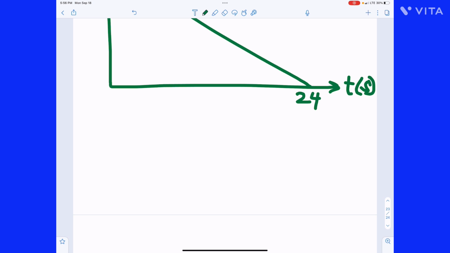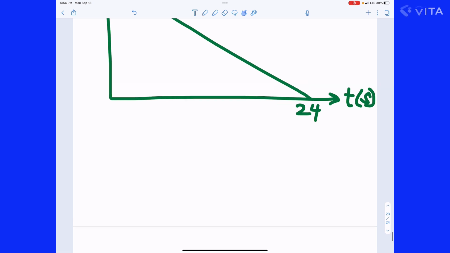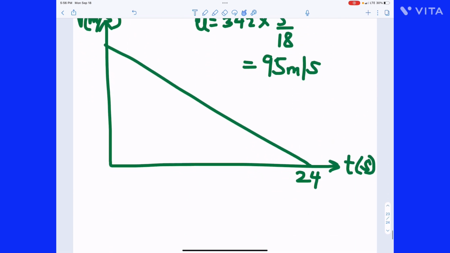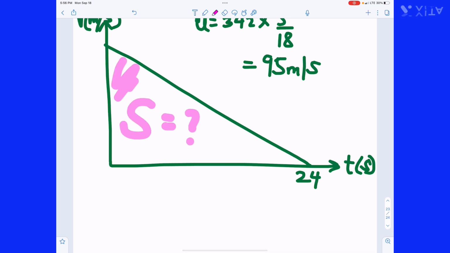What do we need here? The question says we should find the distance traveled. Distance traveled is the area under the graph. That's why I always write that the distance traveled in a velocity time graph is the area under the graph. That's why I always put S right here. So don't be scared.